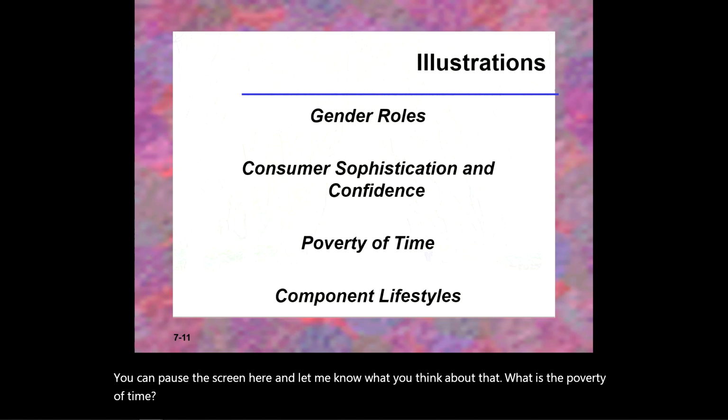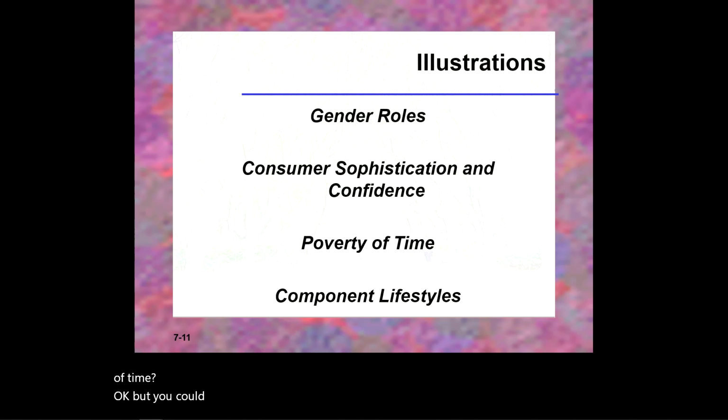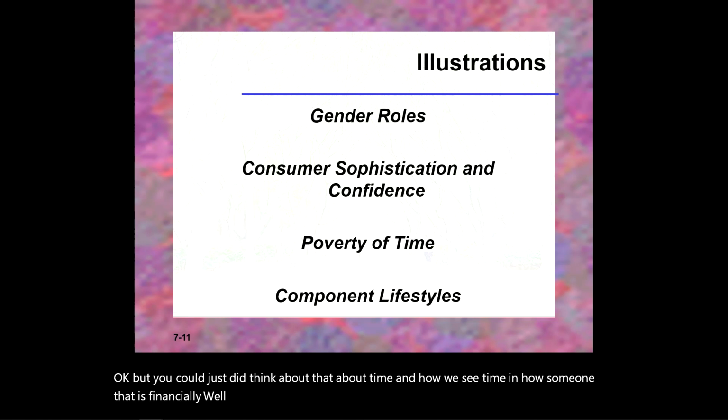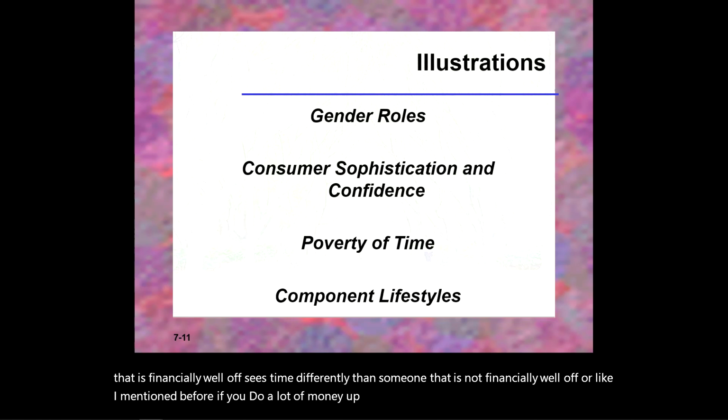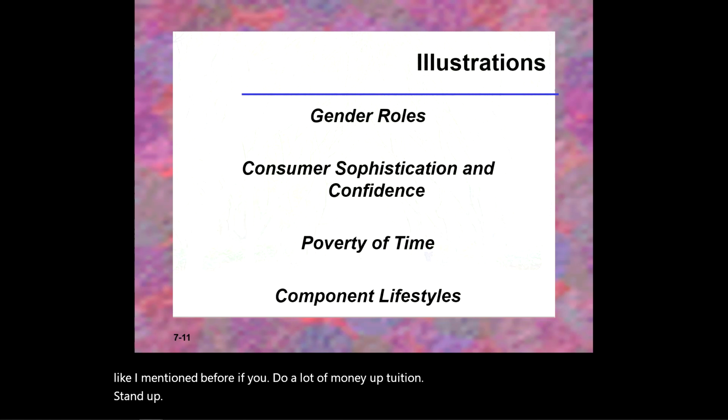Okay, but you could just think about that, about time and how we see time, and how someone that is financially well off sees time differently than someone that is not financially well off. Or like I mentioned before, if you do owe a lot of money in tuition and you have to pay back that money, certainly your structure of how you look at time is totally different, right?